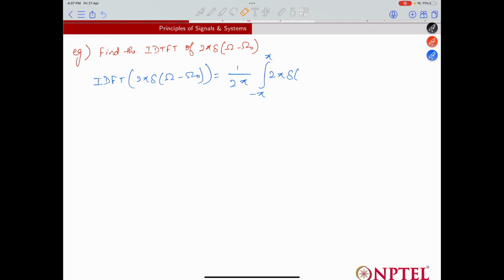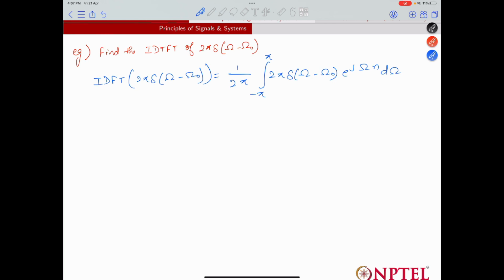We have to use the notation for discrete time, e to the power of j omega n d omega. In this way we can write the inverse discrete time Fourier transform of 2 pi delta of omega minus omega naught.